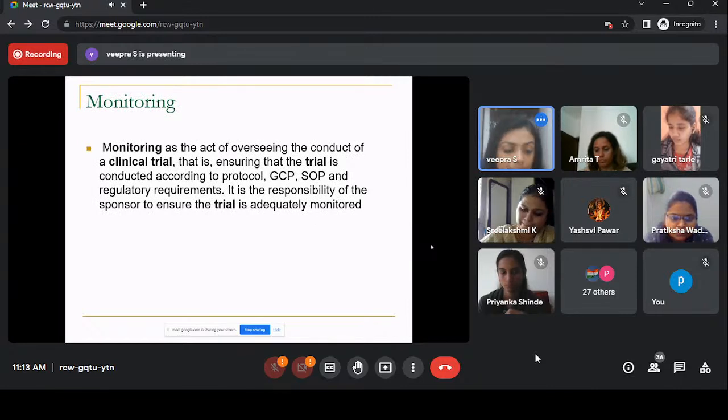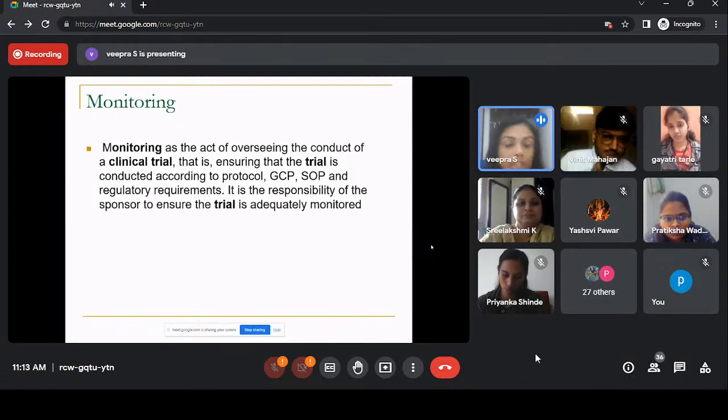Then what is the next responsibility? Monitoring. Yes, the sponsor is responsible for the monitoring of the clinical trial, which is to ensure that the trials are conducted according to the protocol, GCP, SOP, and regulatory requirements.